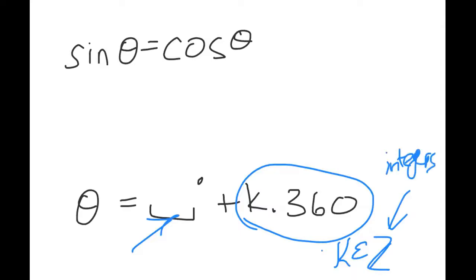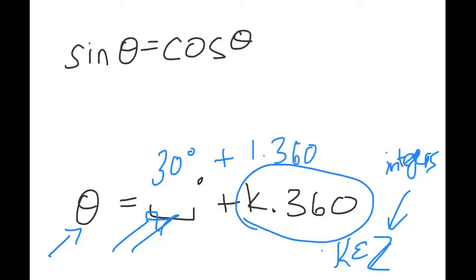So what this means, let's say you found the angle of 30 degrees. Then theta will be correct for this 30 degrees plus any number k times 360. So for example, if k was 1, then it's 1 times 360, so this will be 30 degrees plus 360, which in total will give you 390.